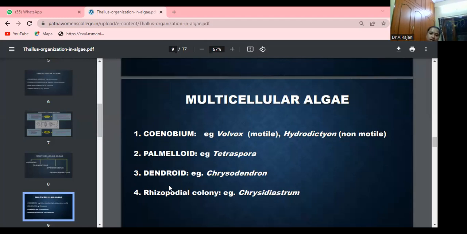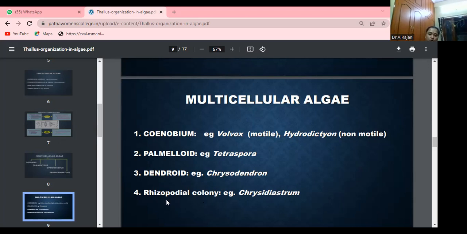Okay, here in this dendroid colony, tree-like structure. Dendroid means tree-like, and the cells are joined in a branch-like manner by localized production of mucilage at the base of each cell. The best example is Chrysodendron, and Myxophyceae members are also found in this one.